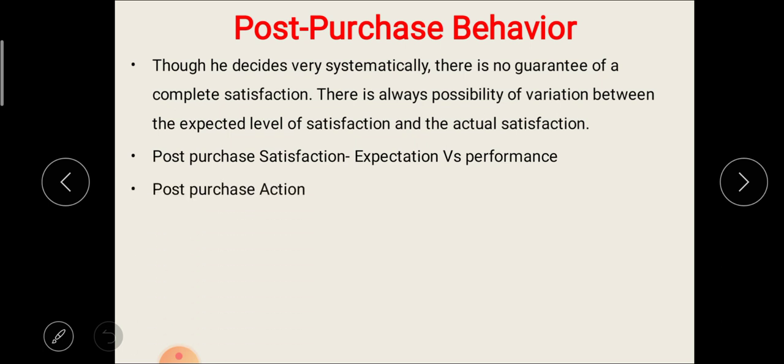Also in post purchase behavior, post purchase action, whether the given product has satisfied the consumer's need or not. Then if the consumer gets satisfied, what happens? The consumer repeats the purchase again and again, or he may give positive word of mouth.